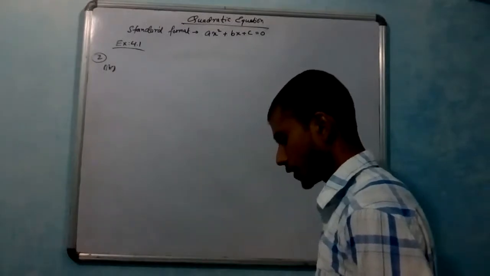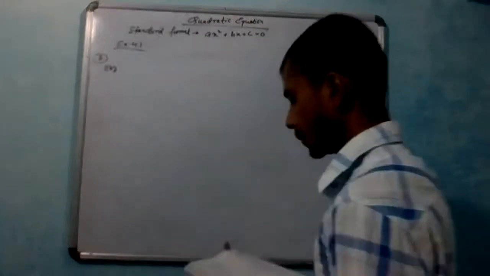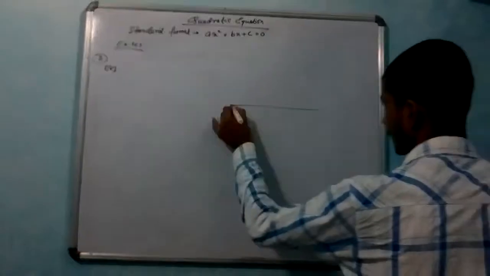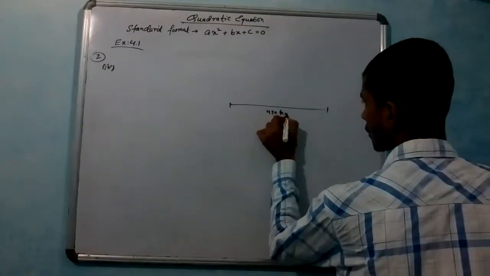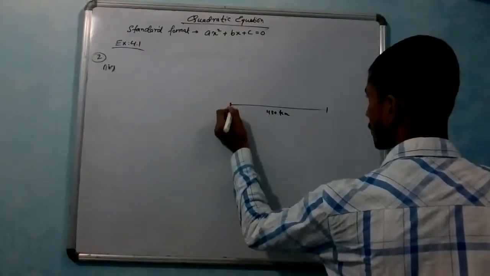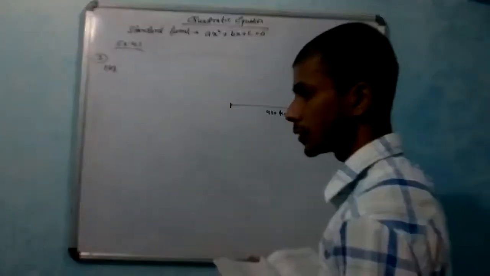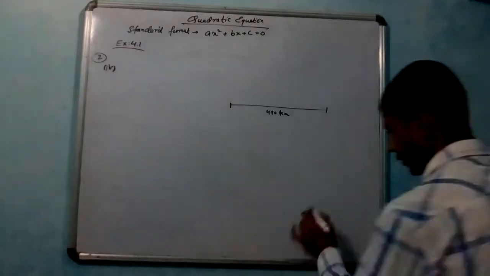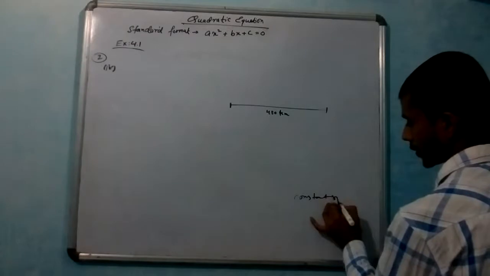This is the distance, 480 kilometer. The train is traveling at a uniform speed. Do you understand what uniform speed is? Constant speed. If it is going with 60 km per hour continuously through the whole journey, it is going with 60 km per hour only.